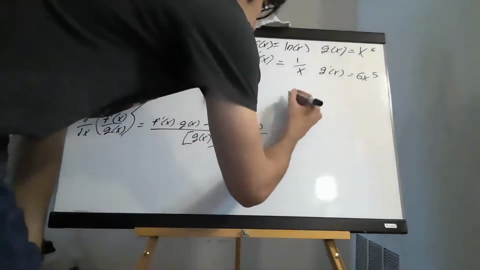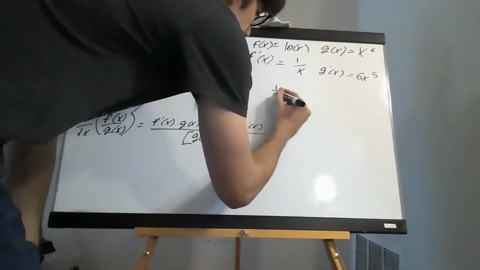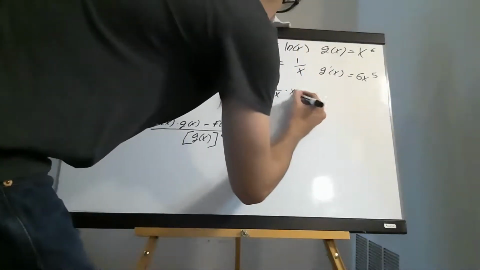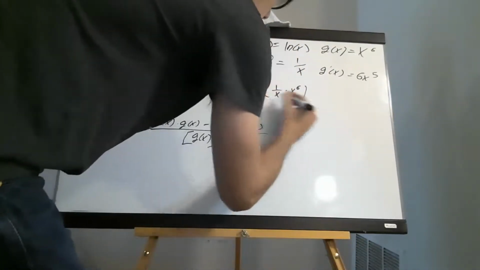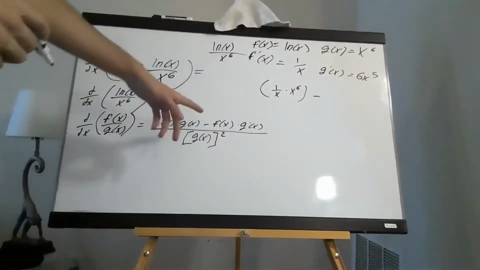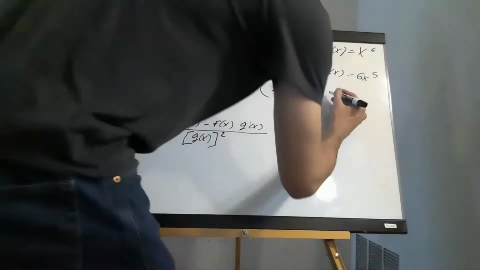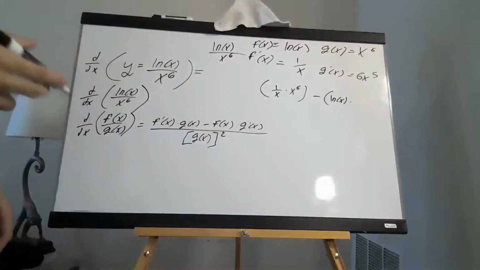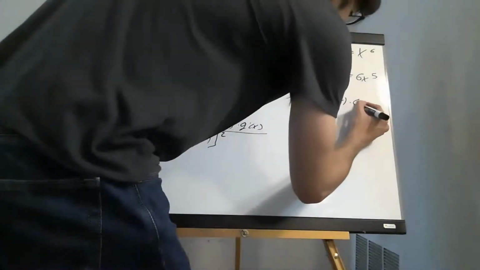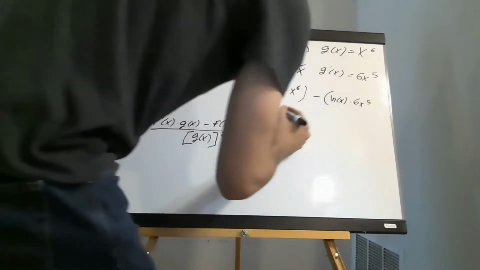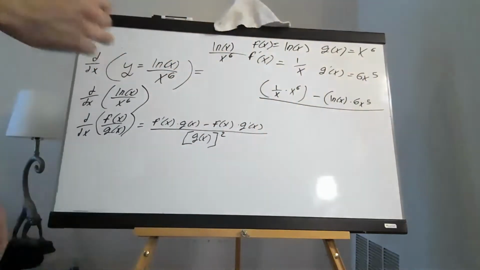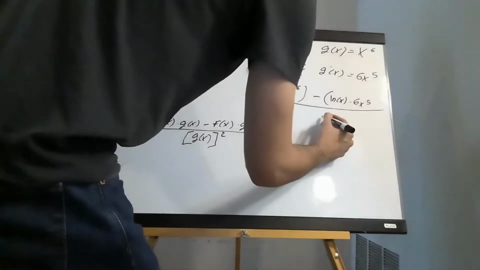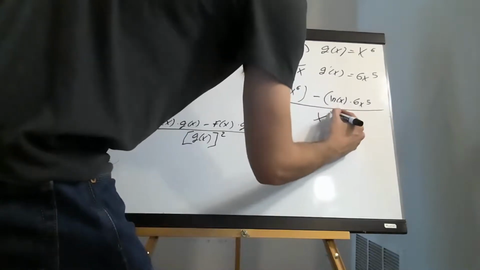So we got 1 over x times g of x, which is x to the 6, minus f of x, which is the natural log of x, times g prime of x, which is 6x to the fifth, divided by g of x to the second power, so that's x to the 6th squared, which is x to the 12th.